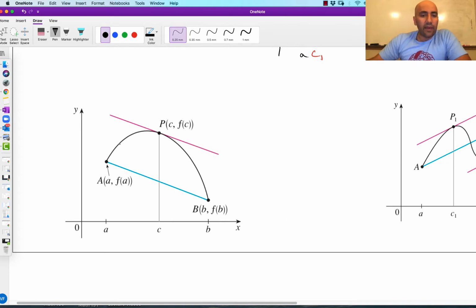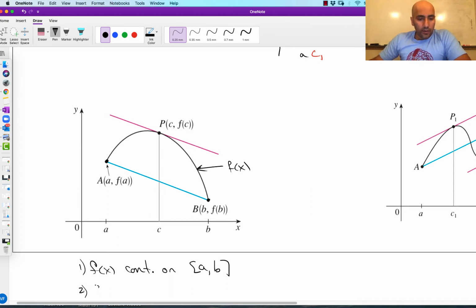So here we have a function. The function itself is going to be this black one right here. This is some function f of x. And so we're saying f of x is continuous on the closed interval from a to b. You can see from the picture that it is. These solid dots right there confirm that it's continuous on the closed interval from a to b.